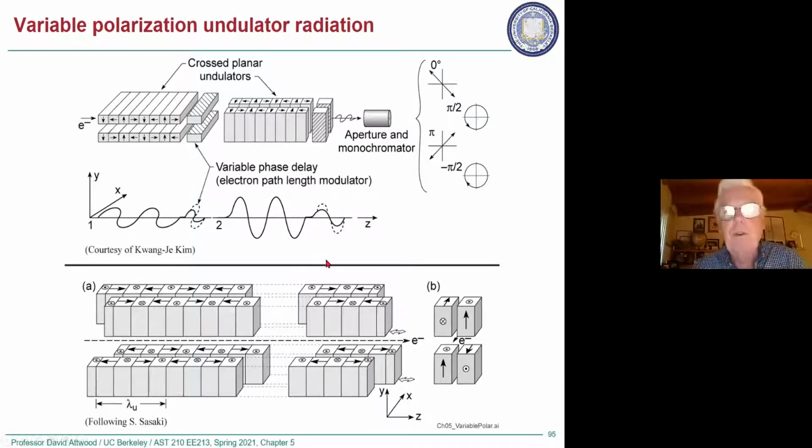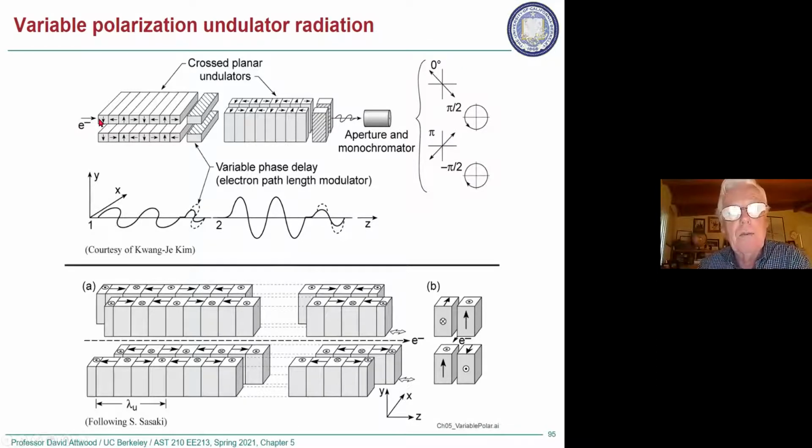We just have a few minutes, but I wanted to mention various ways to get a varied polarization. So here's one kind. This was due to Kwang-Jae Kim when he was in Berkeley, and he shows one undulator with its magnetic field pointed in the vertical direction, and then followed by another undulator turned sideways, so the magnetic field would be horizontal.